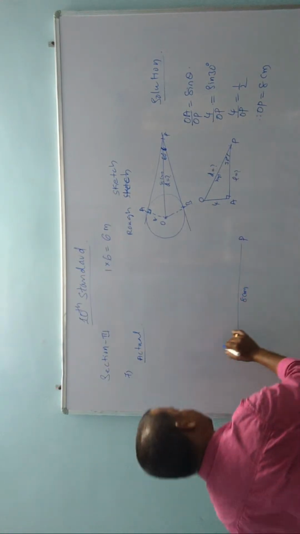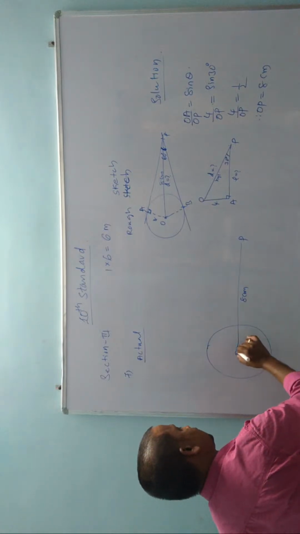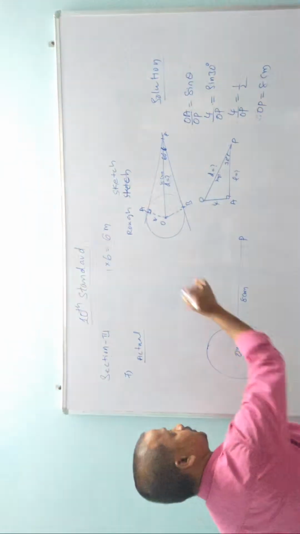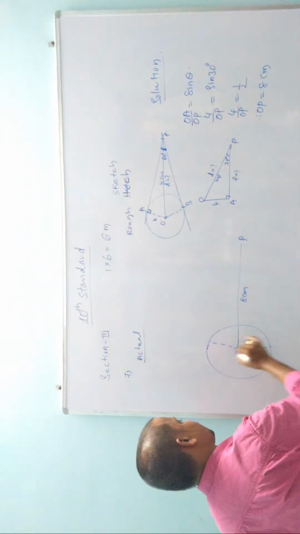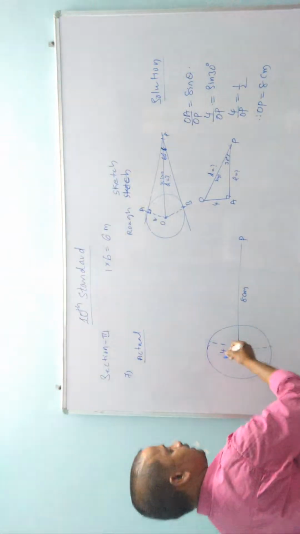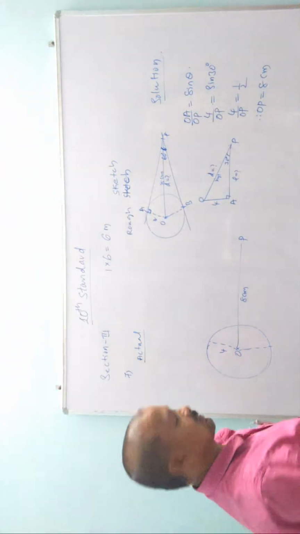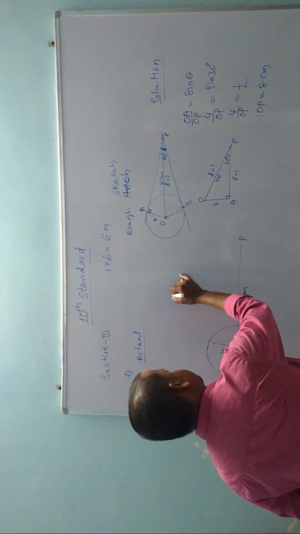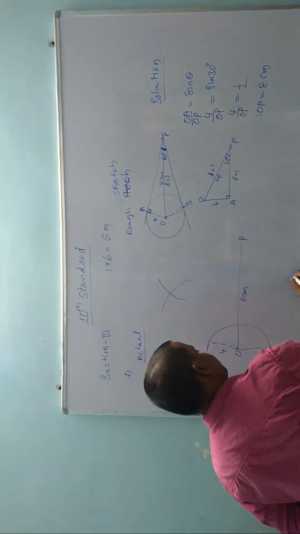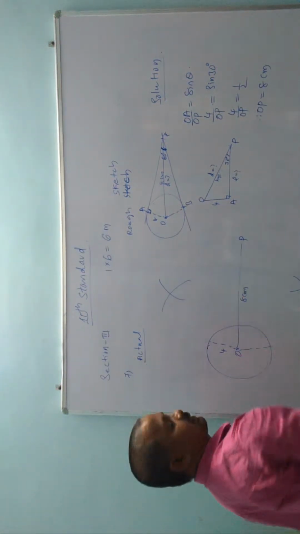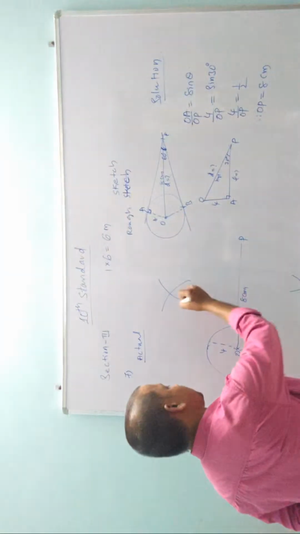Taking an 8 centimeter line segment, O to P of 8 centimeters, we construct one circle with radius 4 centimeters. Similarly to the previous case, we construct one perpendicular bisector, taking a radius more than half of this line segment.